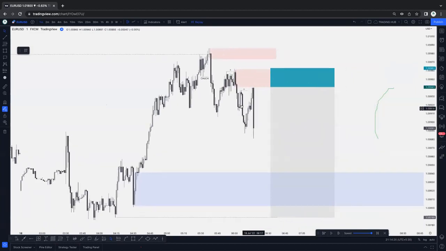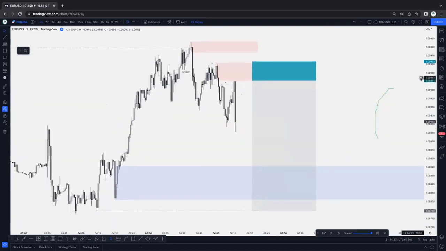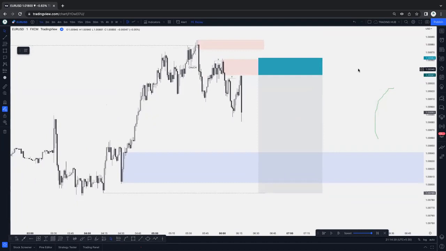After entering this position, when can we put the stop loss on break even? Correct. When the market takes out the recent structure, then we can switch the stop loss to break even. In this case, if the market mitigates this zone, entry is here, and then the market takes out the first low, we can switch our stop loss to break even.